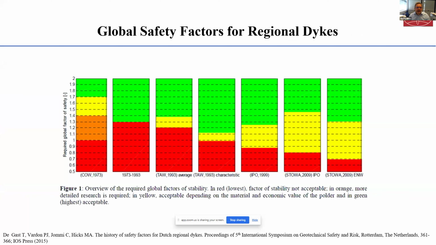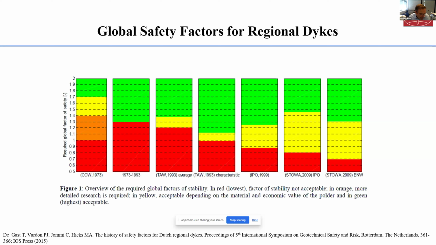This picture shows you how global safety factors for regional dikes in the Netherlands have evolved over the years. The vertical axis is the required global factor of safety, going from 0.5 up to 2. And the horizontal axis goes from 1973 on the left all the way through to 2009 on the right.